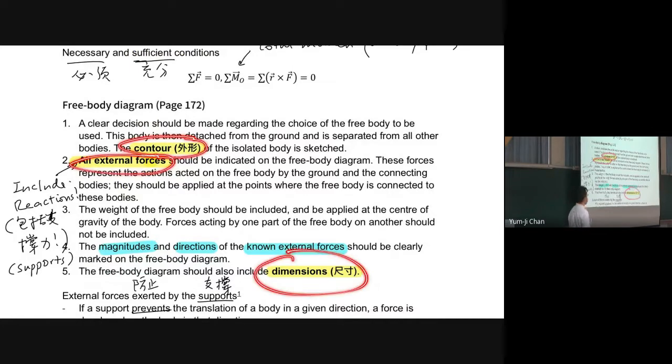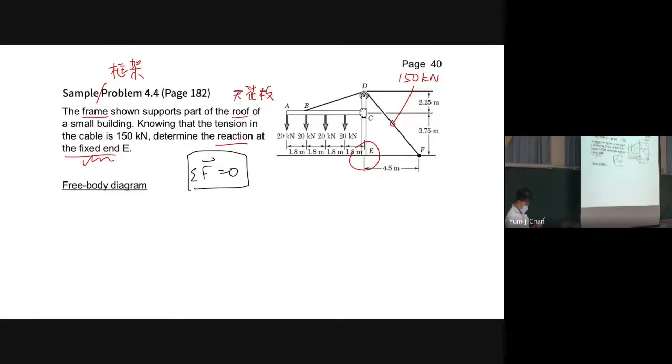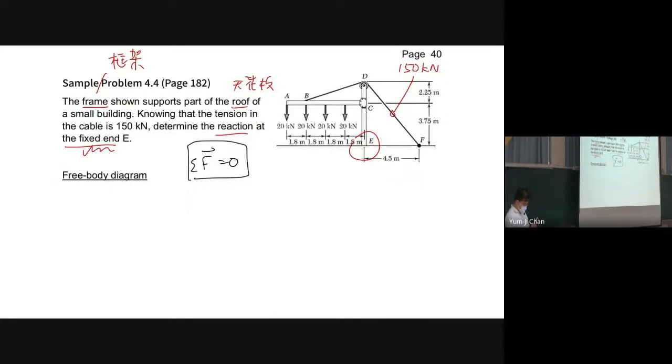Going back to our problem, we need to have the contour.